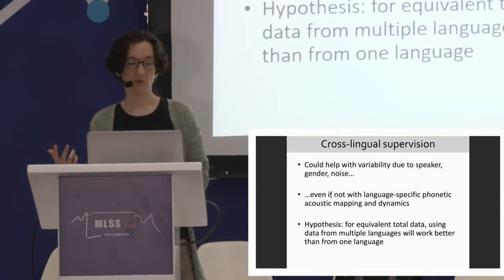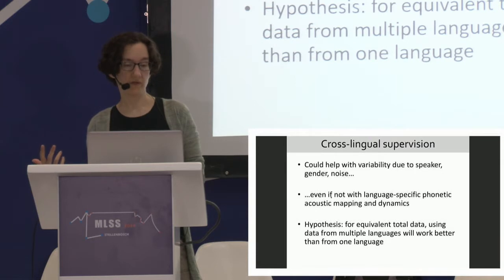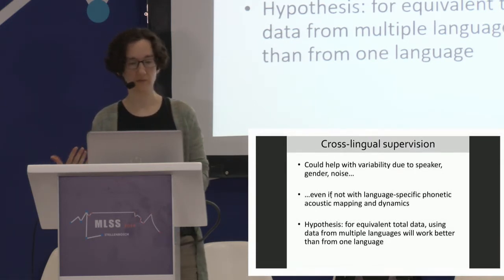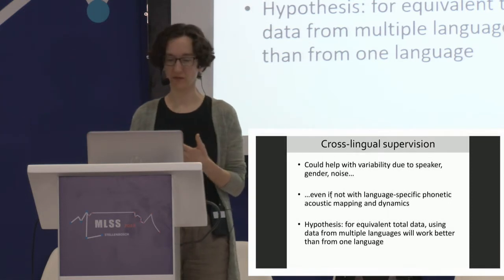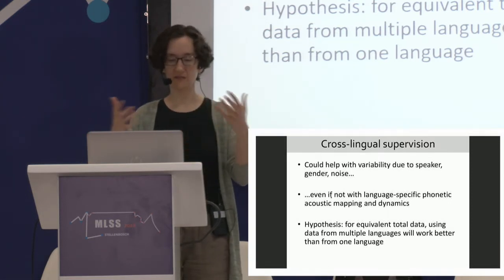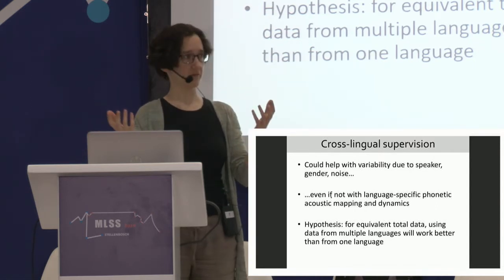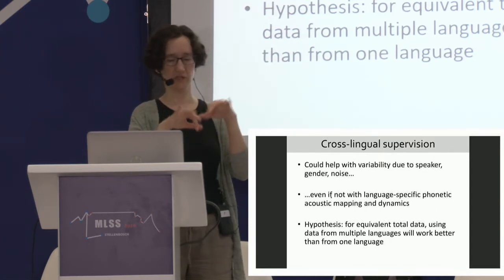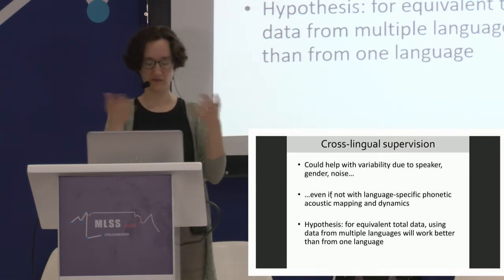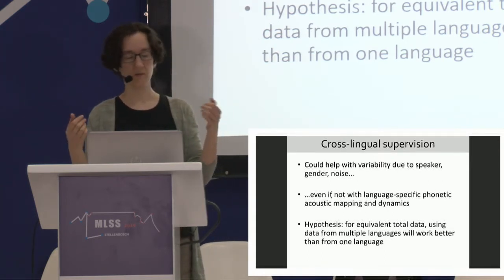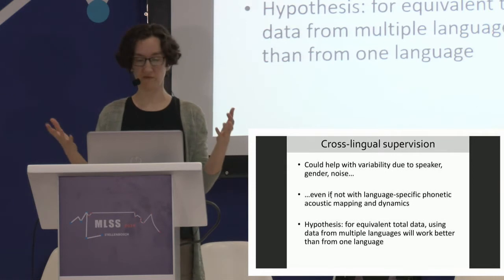So we're going to look into crosslingual supervision. We hope that this is going to help with not all of the variability, but at least some kinds of variability. There are obviously differences between different languages in terms of how phonetic context might affect the pronunciation of a particular phone. That has to do with the accent of the language, and even the particular phones are different between different languages.